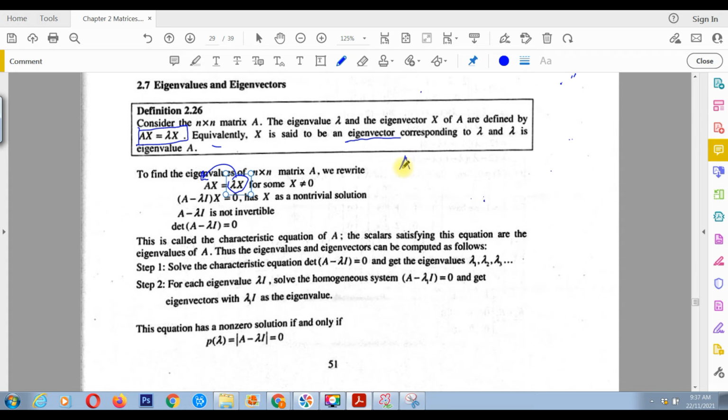We will have Ax minus lambda x equals 0. Now we factor out x, so we will have (A minus lambda) x equals 0.